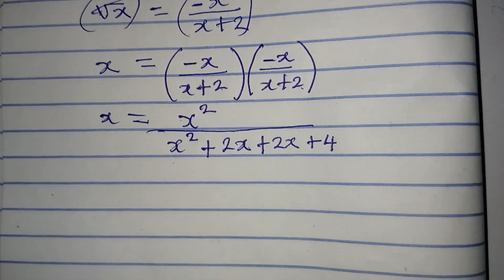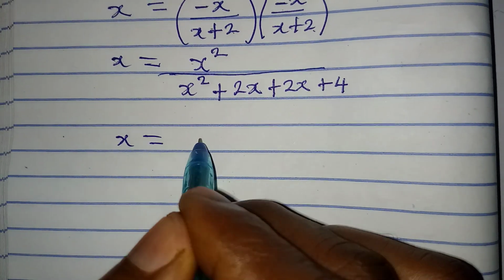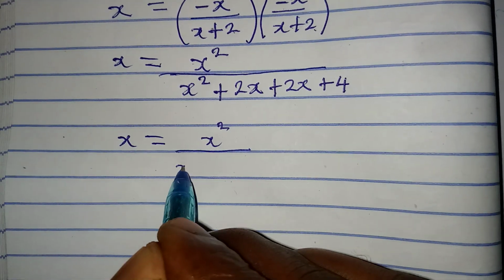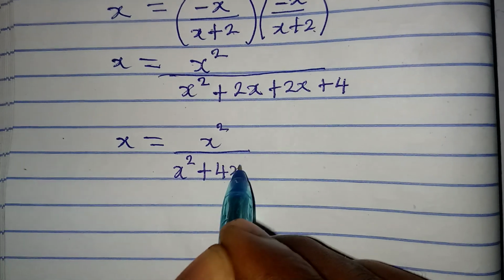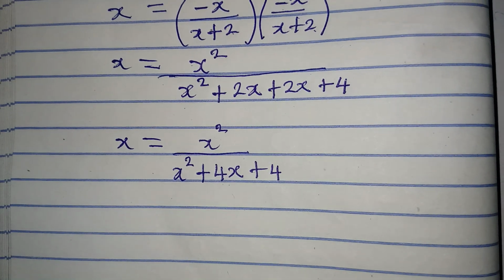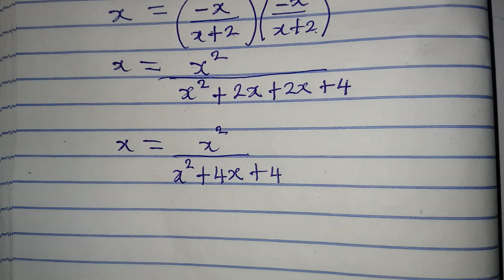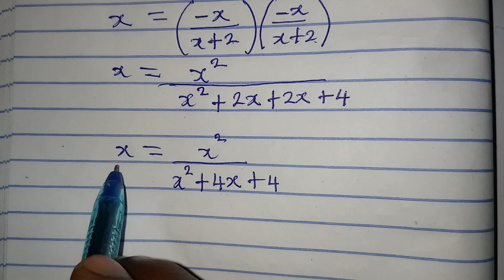Now, if we take a step further, then we have x to be equal to x squared over x squared plus 4x plus 4. This is what we have. Now, if you cancel x squared from here, you have made a mistake. The next thing we do is to cross multiply.